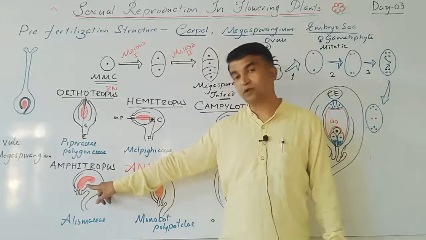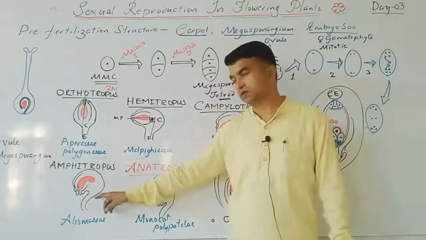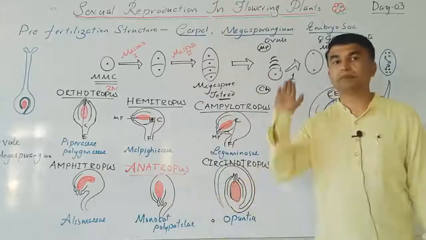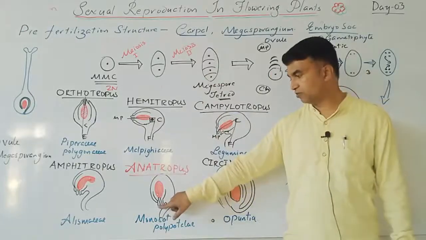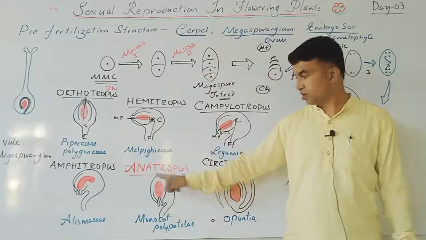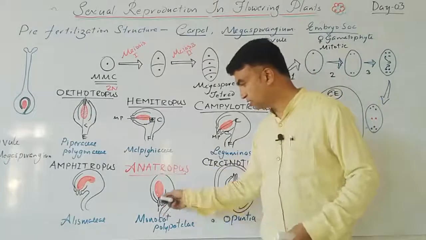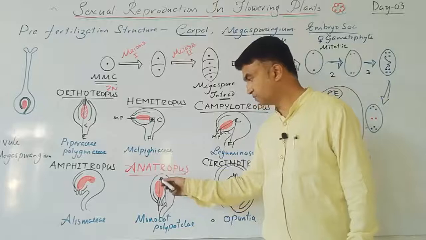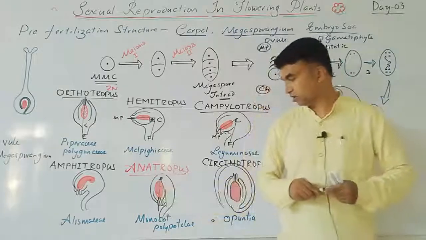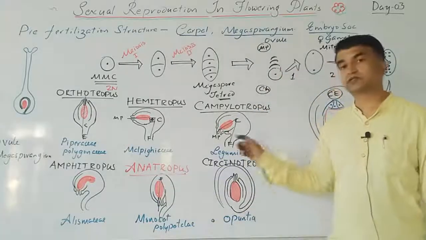But the embryo sac is also curved, a horseshoe shape. This complete curvature takes place. The funicle is near the micropyle, and the chalaza is opposite. Circinotropous means 360 degree rotation.